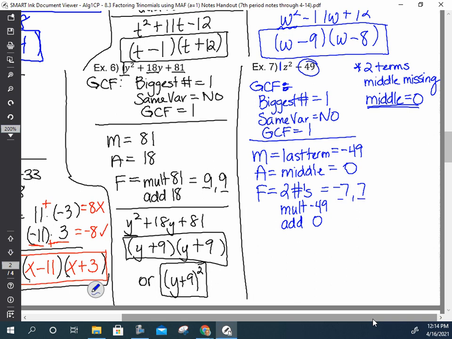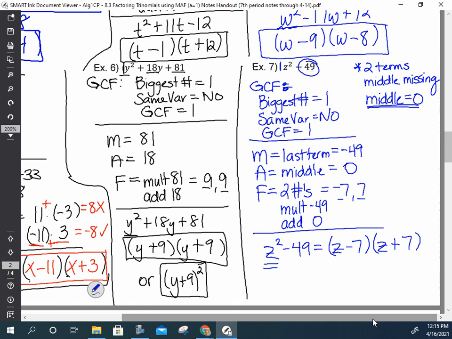So we've got our numbers, so we can write our answer. Z squared minus 49, we need the two parentheses. Z squared means Z and Z. Minus 7, plus 7.